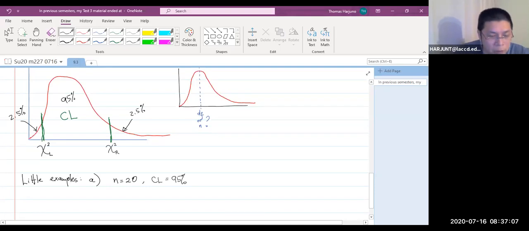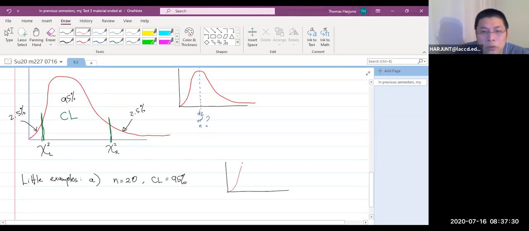Now the way the program I asked you to write on your calculator works is that the area will be the area to the right.